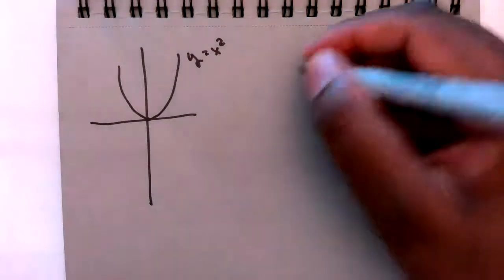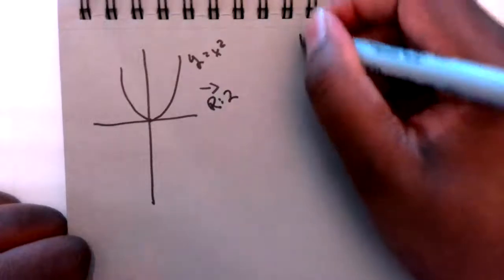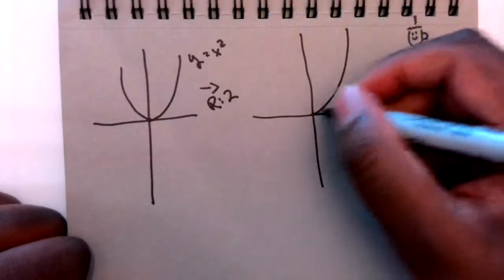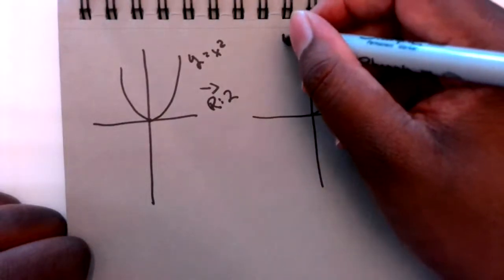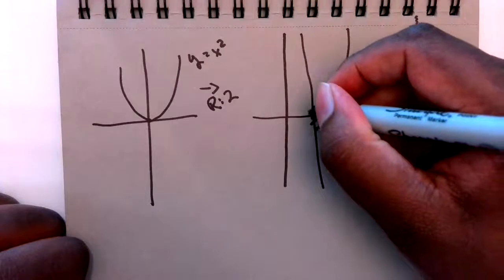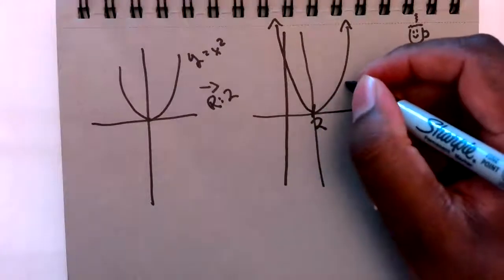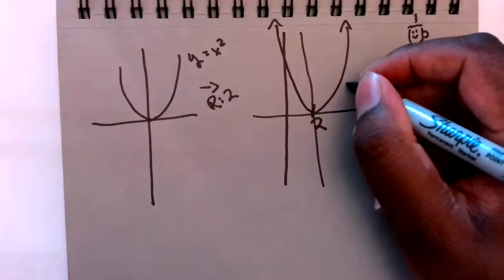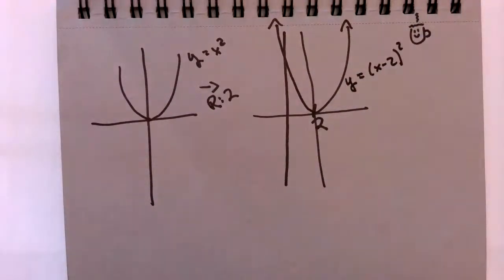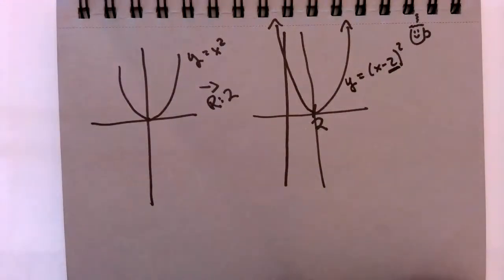And remember, if we wanted to shift it to the right 2 units, we would go y equals x minus 2 squared. Y'all remember that, right? The minus 2 shifts you to the right. When it's negative, it shifts you to the right.